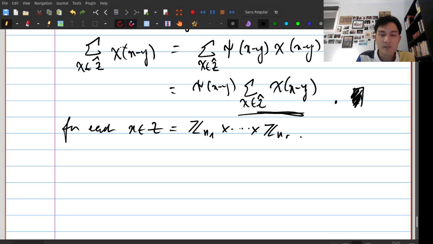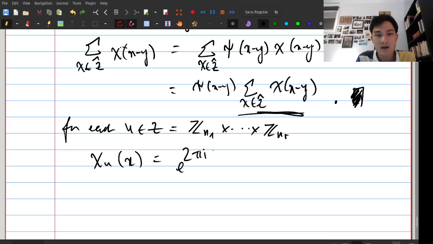We got a character for each u by setting chi u, sorry, let's make this a u, to be the function of x that equals e to the 2 pi i, the sum of u_i x_i over n_i, where obviously u is some tuple.